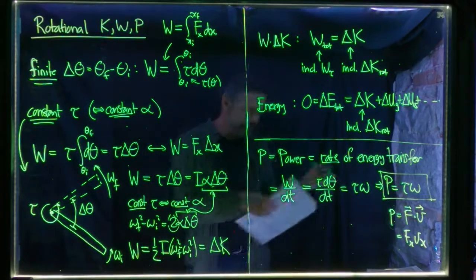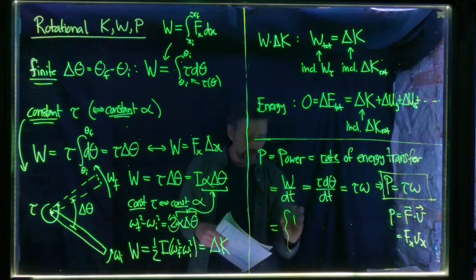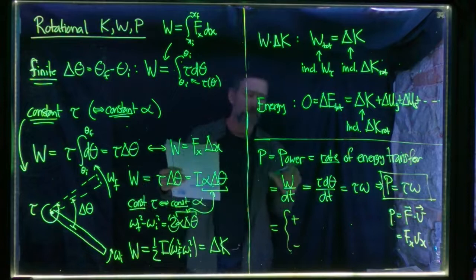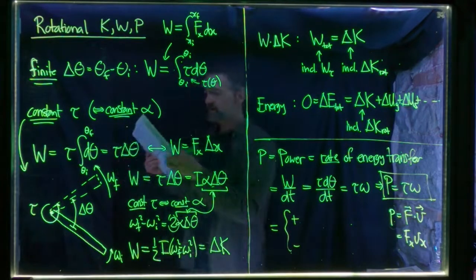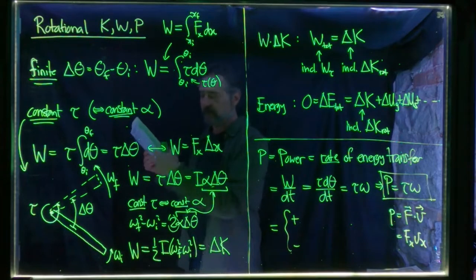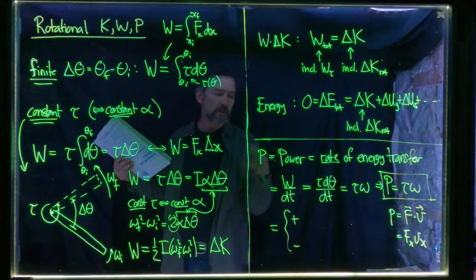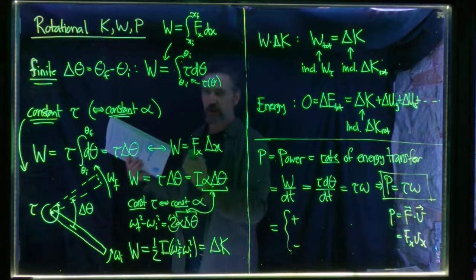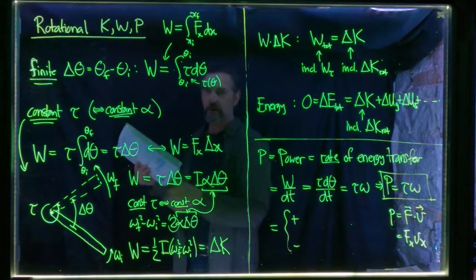I'll comment here that this power transfer can be positive or negative. You can be transferring kinetic energy to a rotating object, which means positive, in which case you are increasing the angular velocity and kinetic energy, or you can be transferring negative energy, so really just pulling energy out, and so the kinetic energy is decreasing, the angular velocity is decreasing.